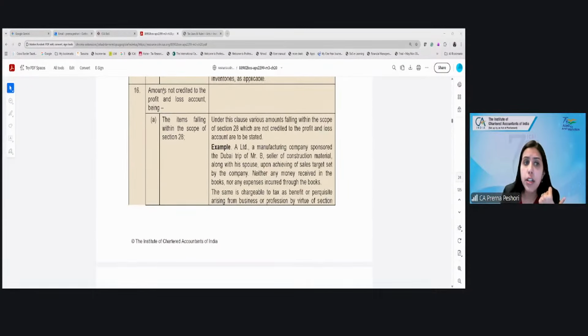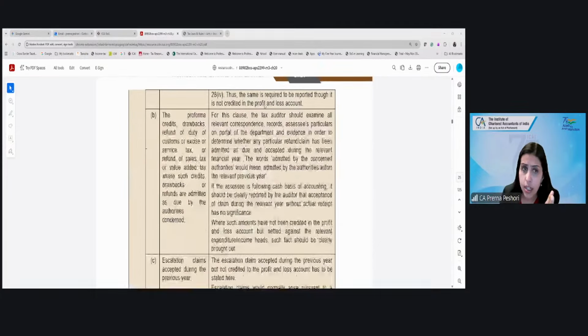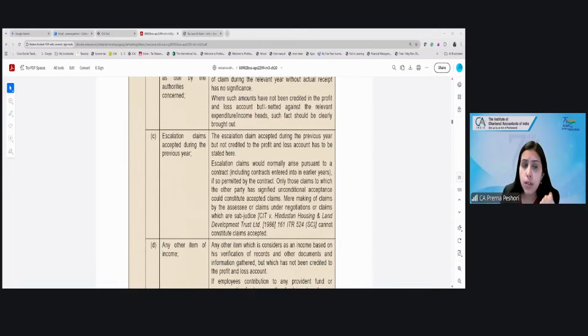Then amount not credited to the P&L account, being the items falling within the scope of section 28. We discussed this. What is included in section 28? Duty drawbacks, the sale of duty entitlement licenses, then non-compete fees, which are not credited to the P&L. The perquisites which are there, so all of that needs to be reported.